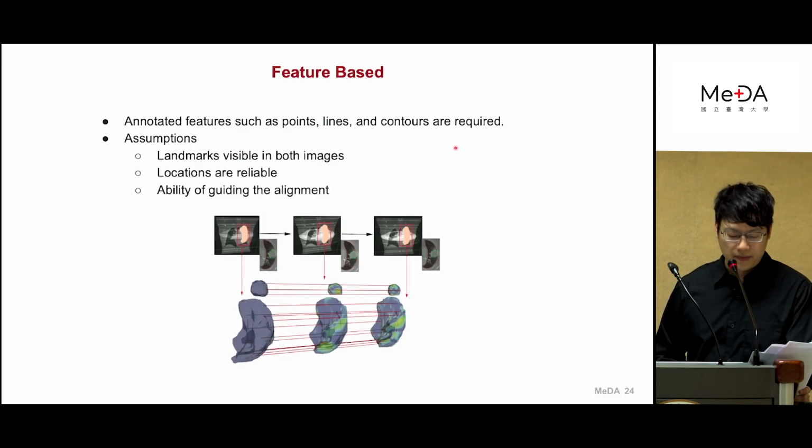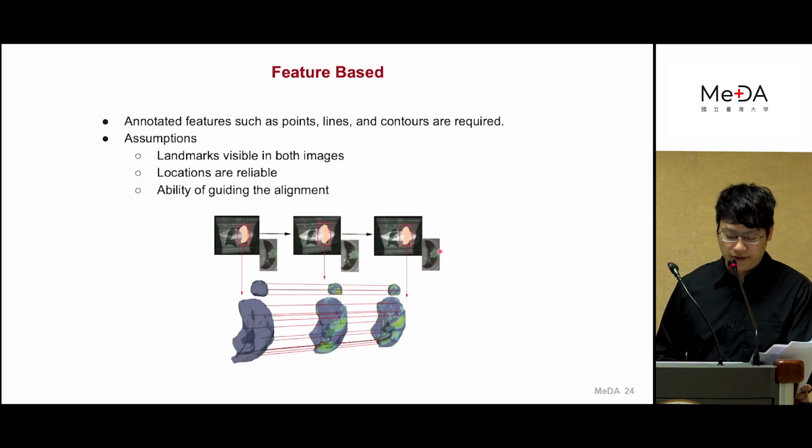For instance, measuring the distance between corresponding points in the warped image and a fixed image serves as the similarity metric. Alternatively, the Dice score of the segmentation in both the warped image and fixed image can also measure the similarity.